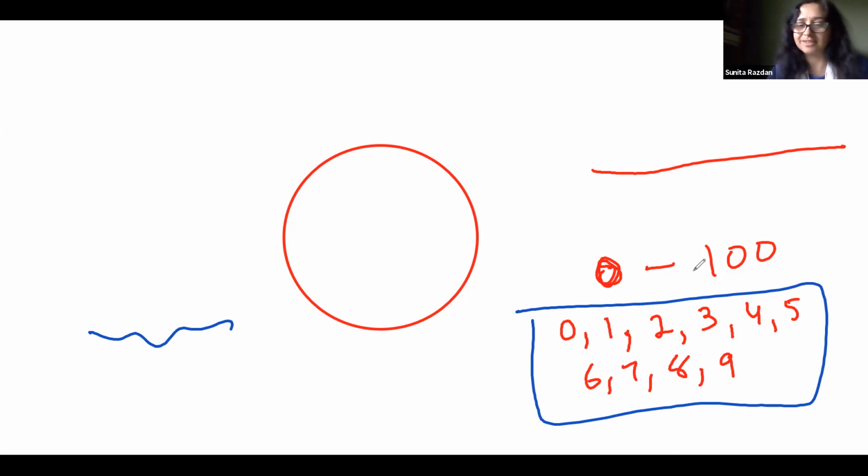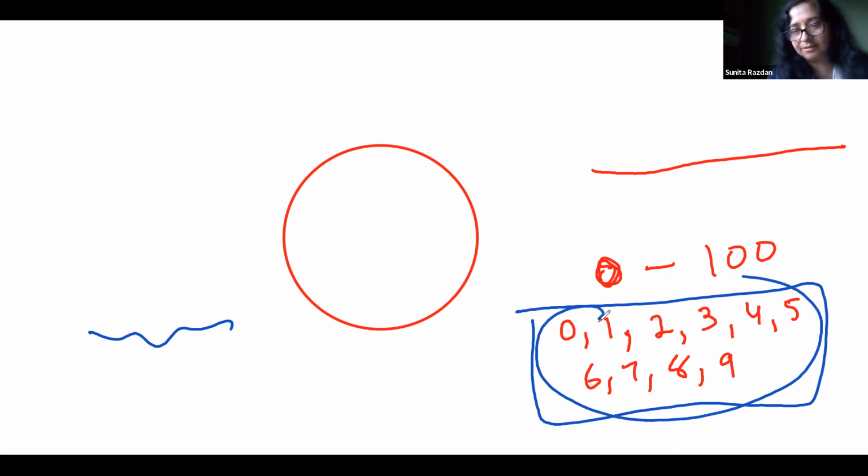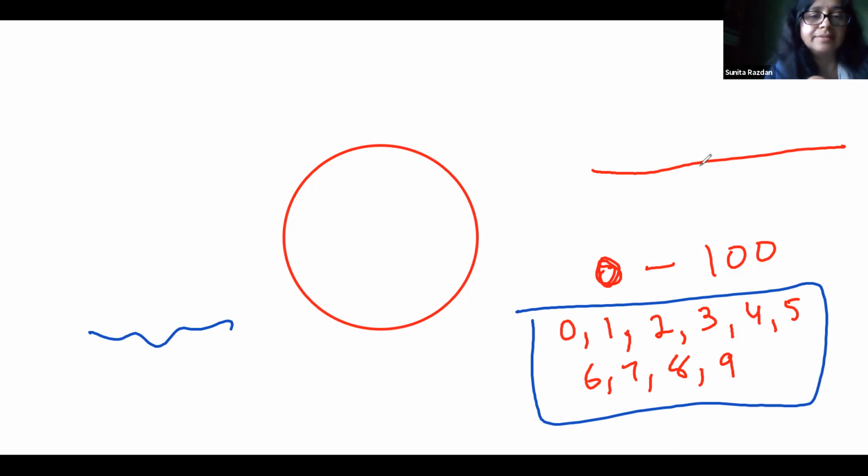So our system, that is a decimal system, has only these numbers. 1 million, 1 billion, 1 trillion, it doesn't matter, you can make any number from these 10 numbers. That is the decimal system. This is called a 10-point circle.